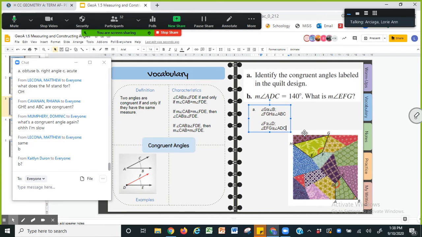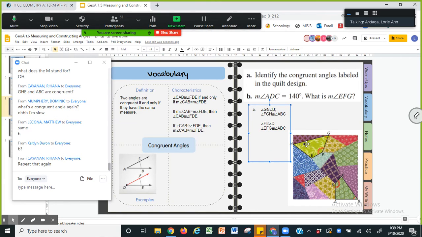Now I have a question. Can we conclude that the other angles that don't have arcs on them are congruent to their corresponding partners in the other part? Can we make that conclusion? Yes or no? What do you guys think? If you're finished typing, can you conclude that those angles H and E that don't have marks in the green portion are congruent to C and A in the other pattern?